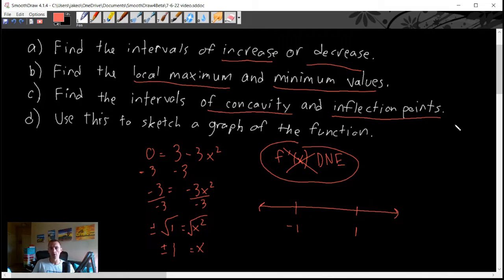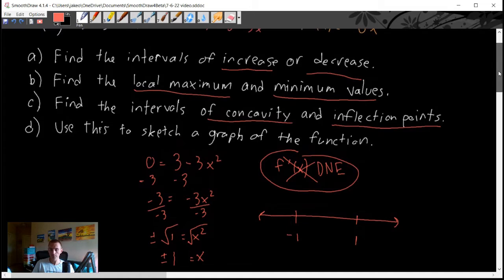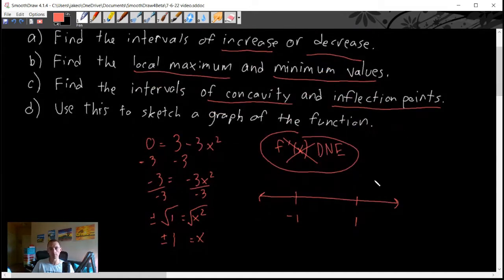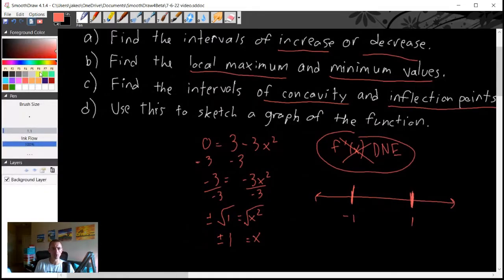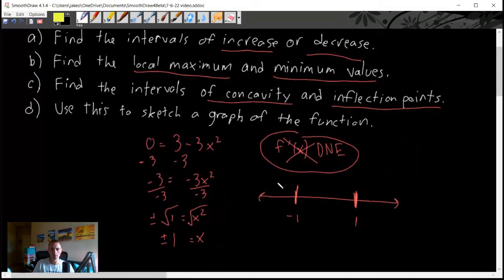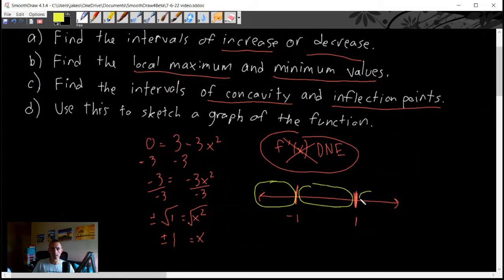Once you do that, this is basically to use the first derivative test at this point. Splitting your number line by the critical numbers is going to create different intervals. If you imagine this number line of all real numbers from -infinity to +infinity, we split it at x equals -1 and x equals 1. So basically what we just did was create 3 intervals. We created an interval here, an interval in between these two numbers, and an interval over here.